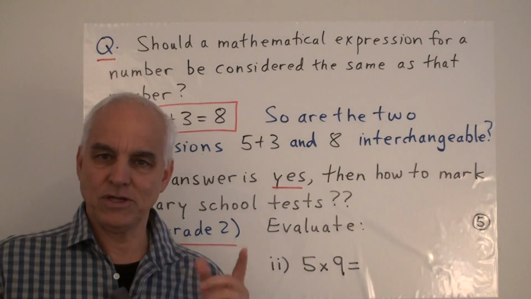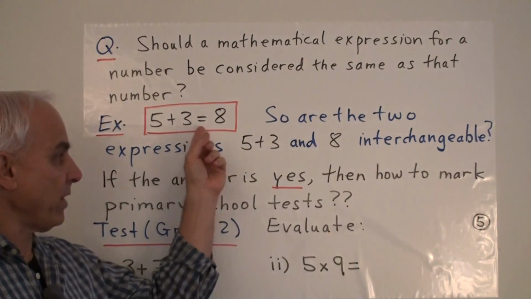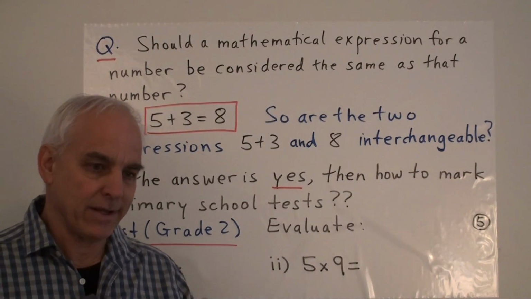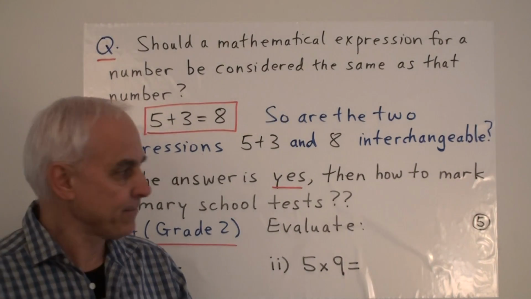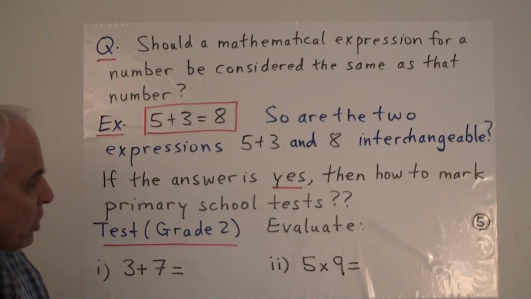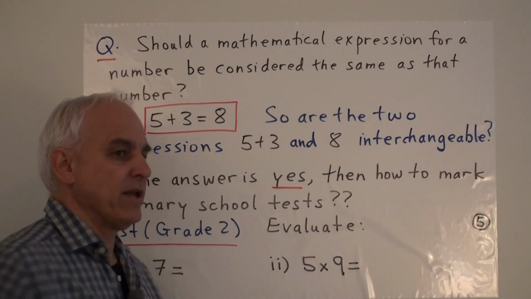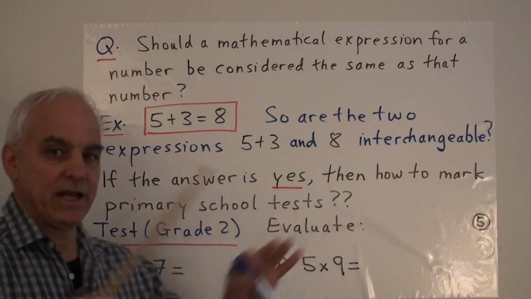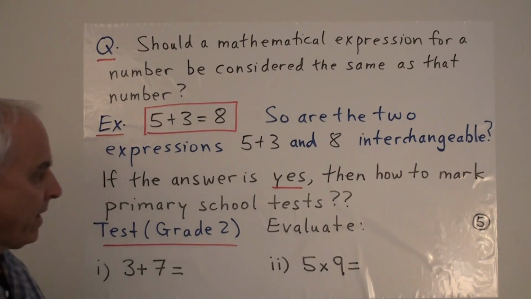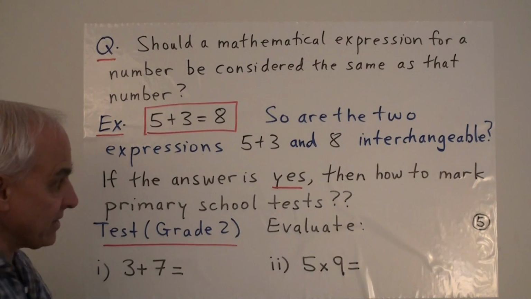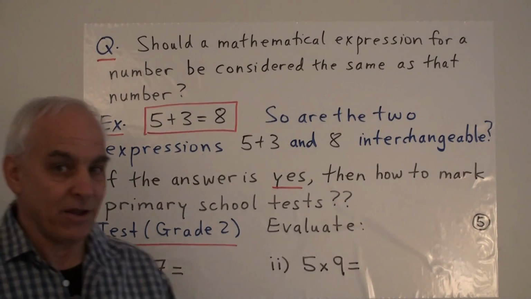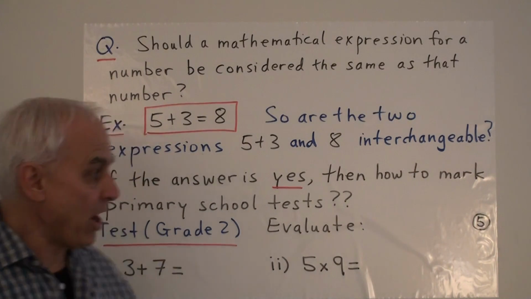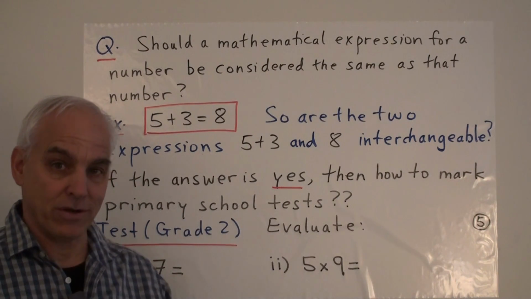Those are subtly two different interpretations of what this equality sign really means. So if we adopt the stronger position that this is asserting that 5 plus 3 and 8 are completely interchangeable, in other words, if the answer to this question is yes, then we are in a little bit of a delicate position with respect to a lot of mathematics education.